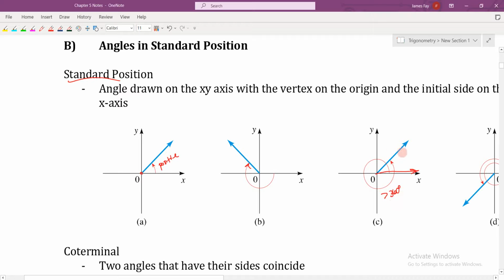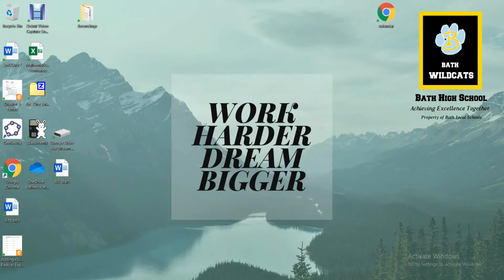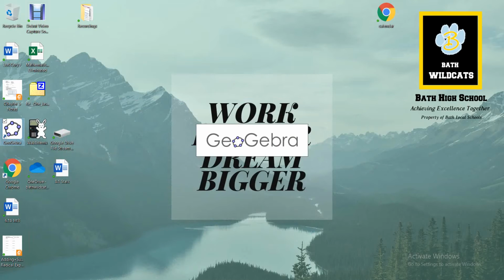But it's going to be less than, because this would be 360 and then add another 90 to that, this would be 450. So this angle that they're showing in red is going to be between 360 degrees and 450 degrees.